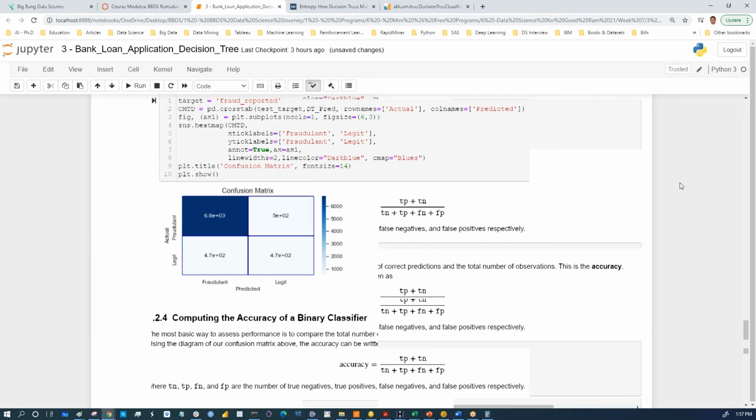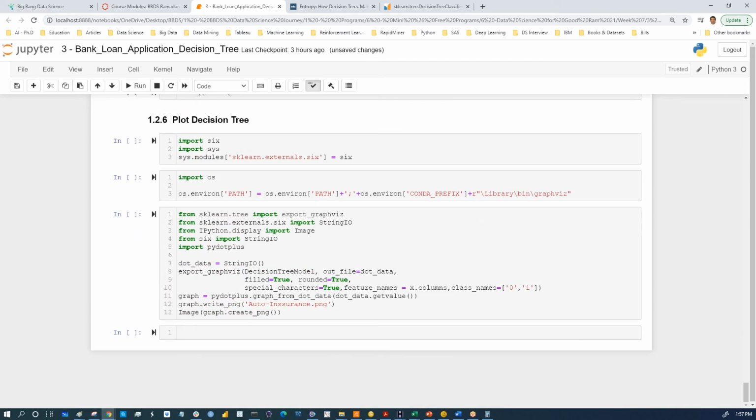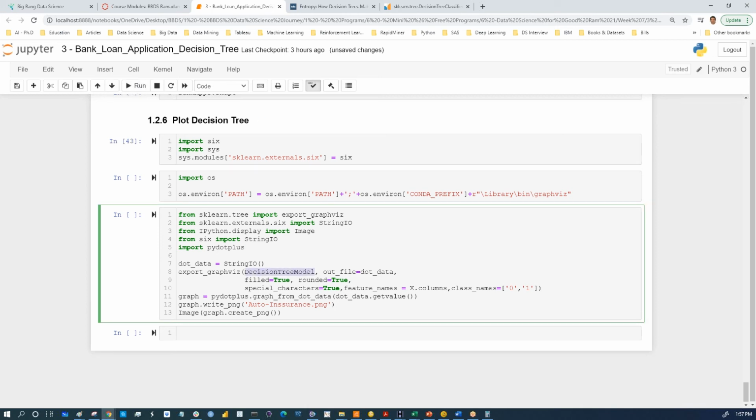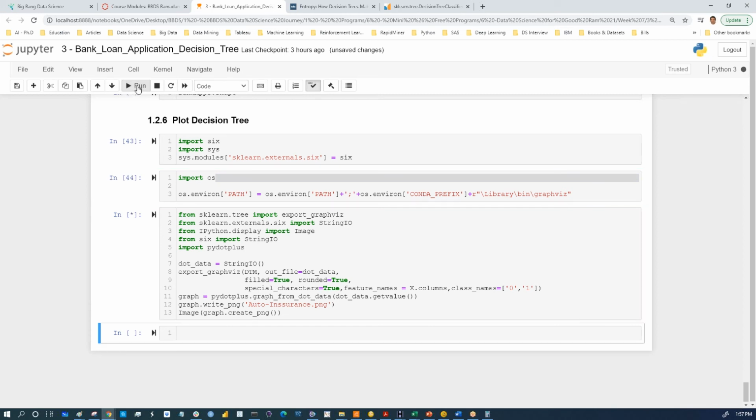Okay, so now I'm going to show you. Before I talk about the importance, let's take a look into the decision tree. And I will explain that. Yeah, it's a huge, very huge.